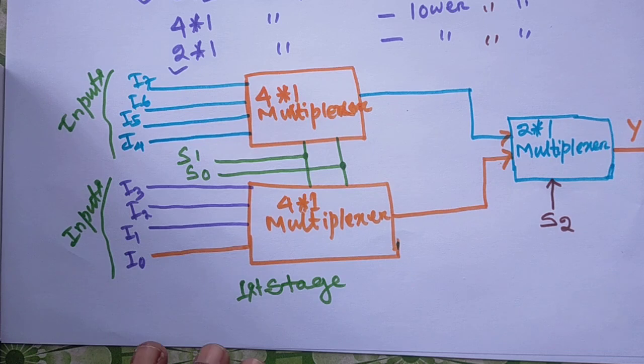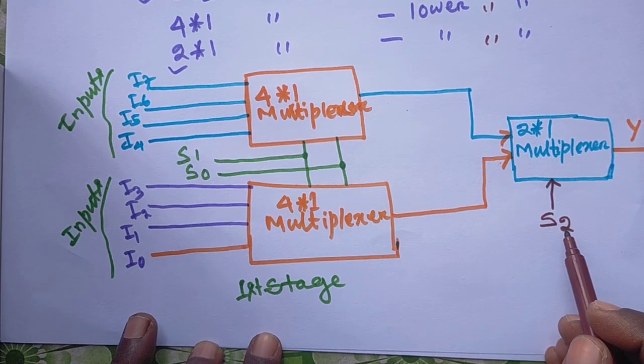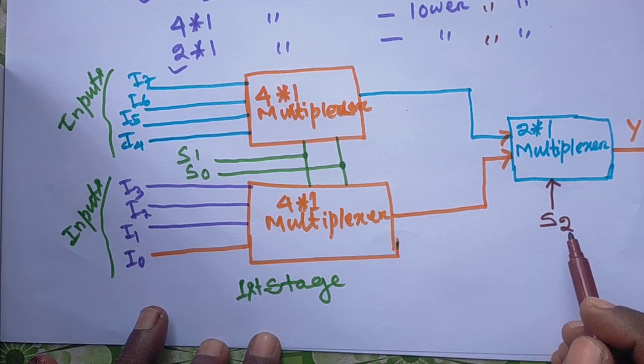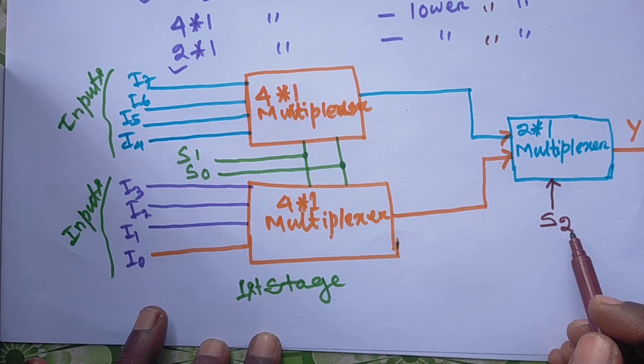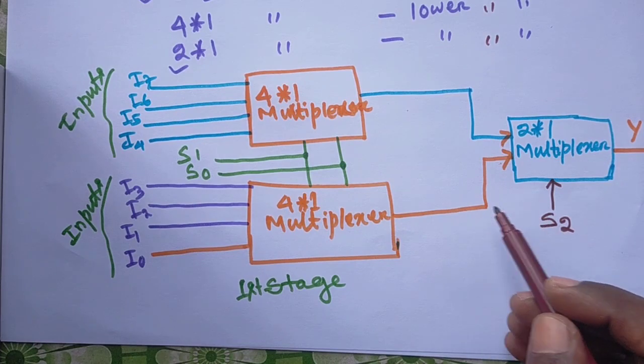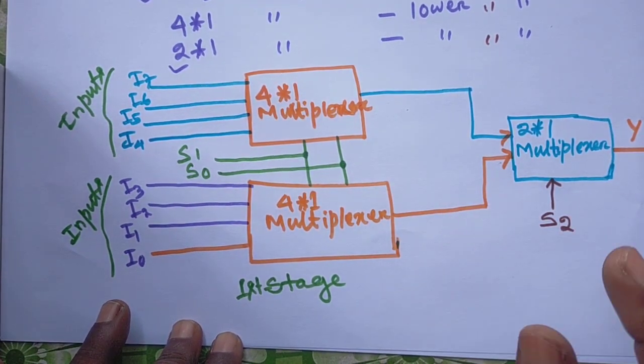Okay, now we see that whenever we go through this S2 selector, it has binary values or bits. S2 has two binary values, 0 and 1. If it is 0, then it will choose either this one or this one. If it is 1, it will choose the other one. Like this it will choose.